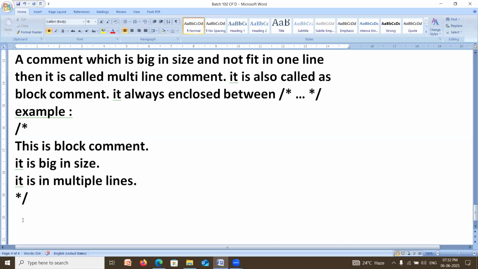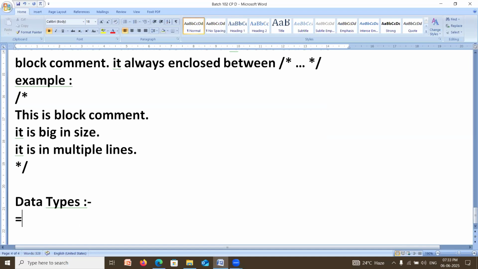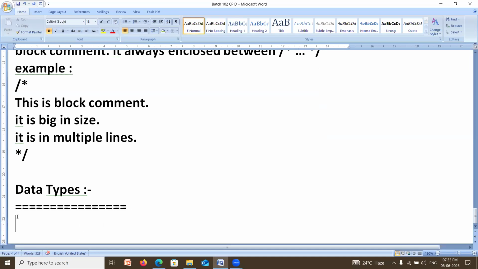Now, I am going to explain the next topic, that is data types. I already explained what a data type is in the first class. Again, I am going to explain. Whenever you go to a cool drink shop, there you can see a lot of drinks: Thums Up, Maaza, Pepsi, like that.